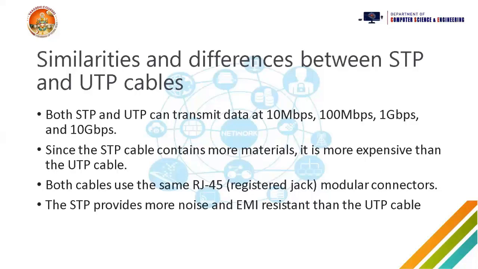That connector is the RJ45 connector, where RJ stands for registered jack. STP provides more noise and EMI resistance than UTP. As we said, crosstalk resistance is a little better in STP than in UTP.